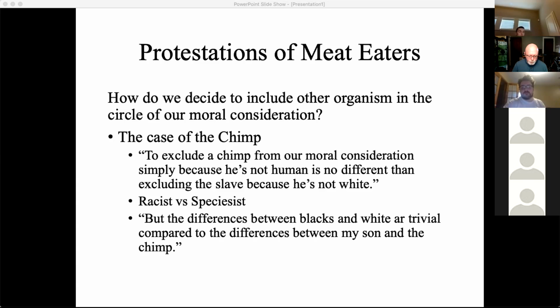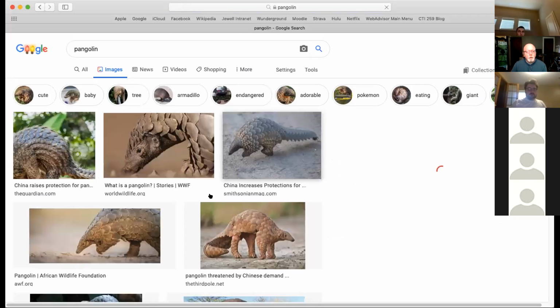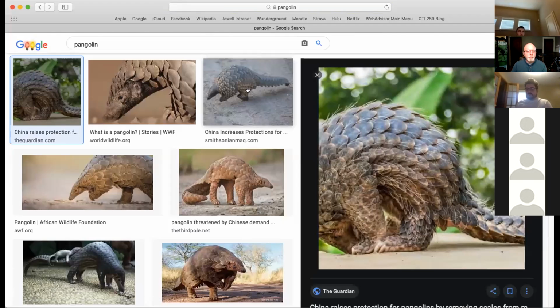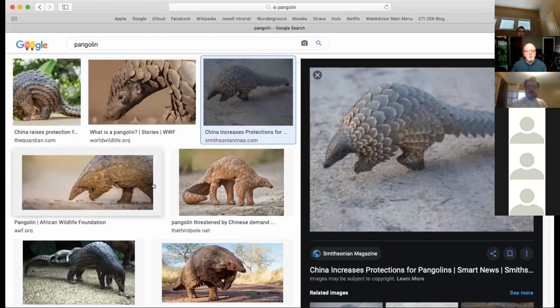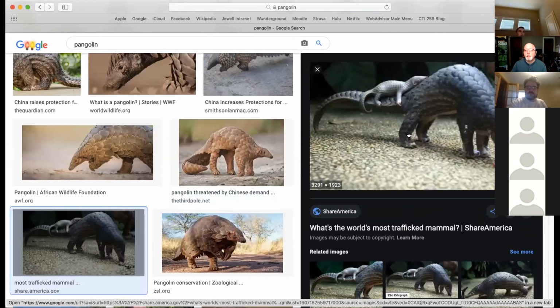You guys are all on your computer at the moment. These are pangolins. Quite frankly, I think they're cute as can be. There's a stuffed example of one in Dr. Reynolds' office. Oh, there's a pangolin with a cute little pangolin baby.